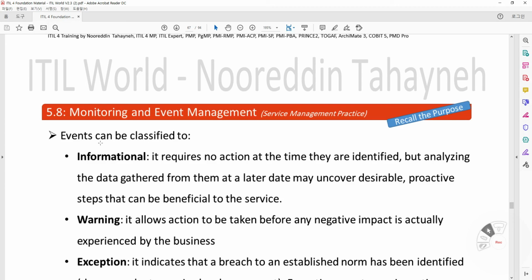Events can be classified as informational: it requires no action at the time they are identified, but analyzing the data gathered from them at a later date may uncover desirable proactive steps that can be beneficial to the service. Warning: it allows action to be taken before any negative impact is actually experienced by the business.